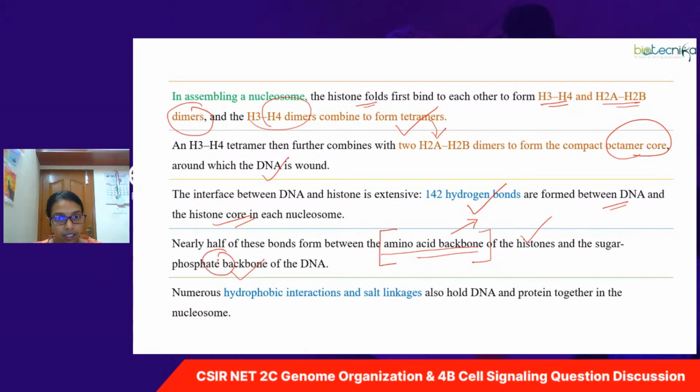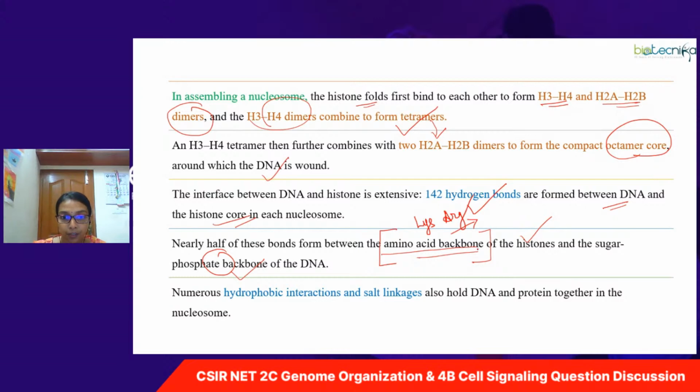So obviously, in the universe, opposites attract. That means if you have a negative charge over here, you should have a positive charge opposite. So what kind of positive amino acid will you get over here? Histidine will not come, but you have two other amino acids, that is lysine and arginine.